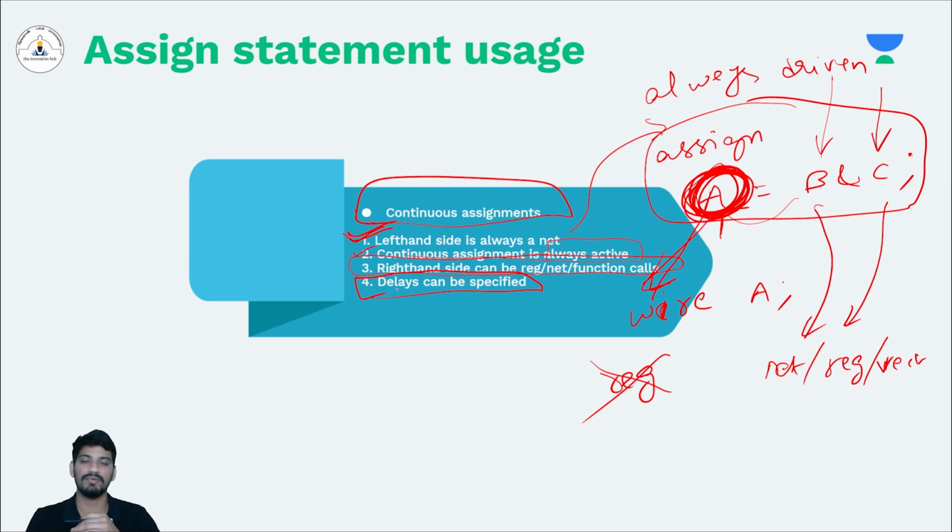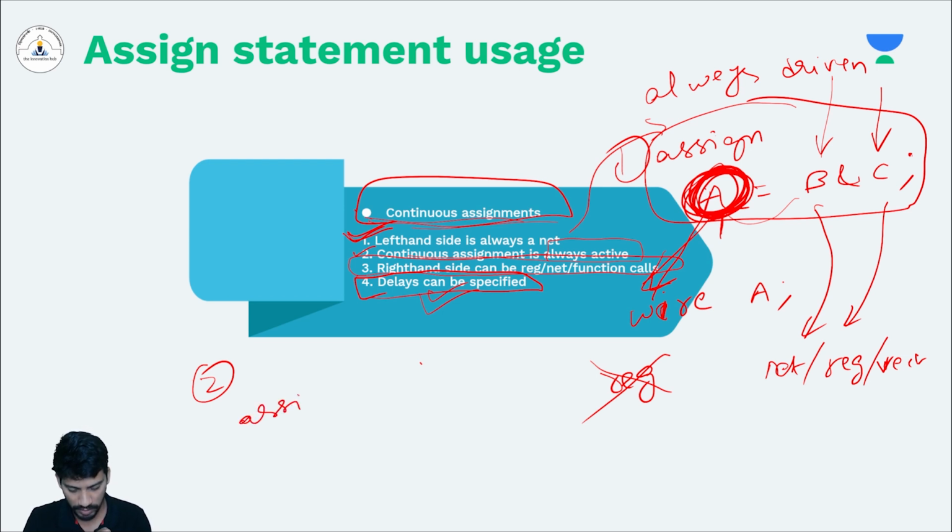I will discuss how to specify the delays. Just like we have specified delays in gate level modeling, you can even specify delays in this data flow modeling as well. So let's take 2-3 examples of this continuous assignment statement. This is one of the example, and let's say I want to use assign statement with vectors. So how to do that?